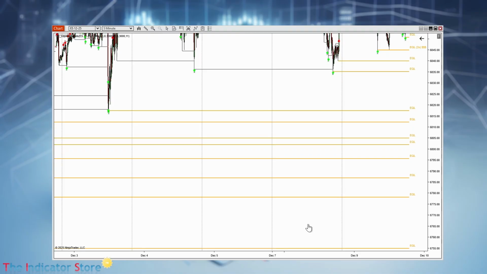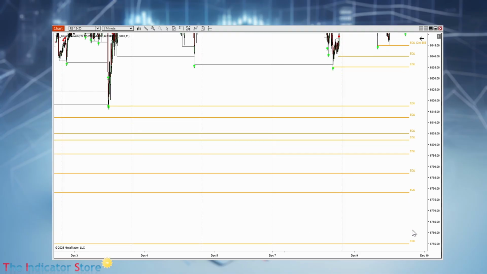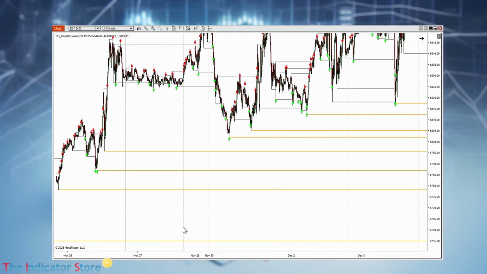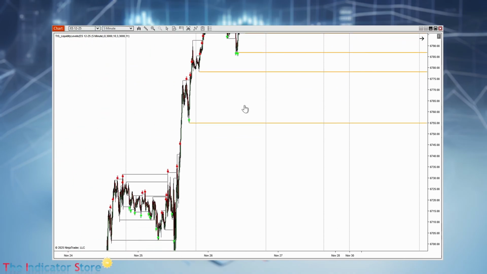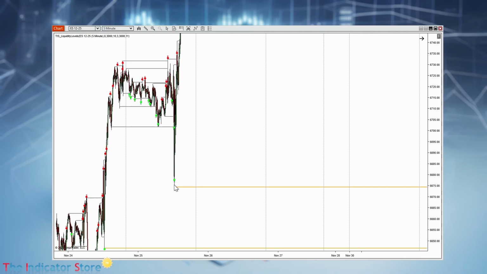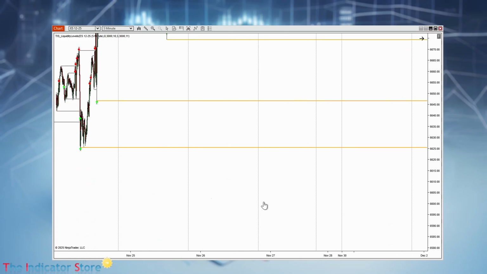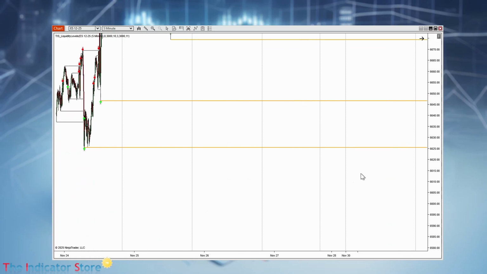In this way, we can see that we have a lot of pending levels. And they are coming from what I have on the chart, 3000 bars into the past, or whatever number you place. This is the maximum I have on this chart.